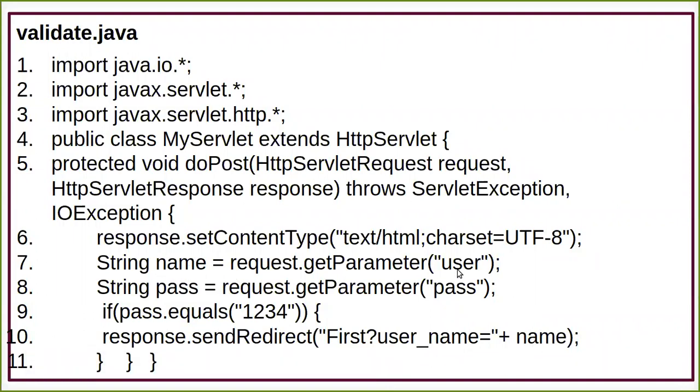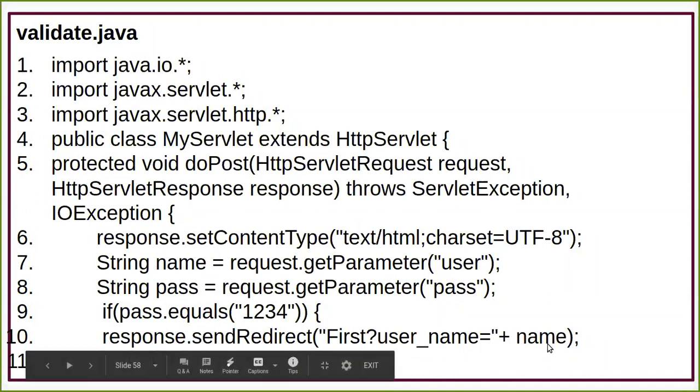What name am I going to put over here? Say for example, in the first text field I am passing abc as a username, so that abc is going to be fetched by the getParameter method and stored into the name variable, and that only I am trying to show in my response page. So for example, the name value is now abc. What I'm going to do is redirect to another page. The page name is first. And if you remember URL rewriting, what was the syntax for that?